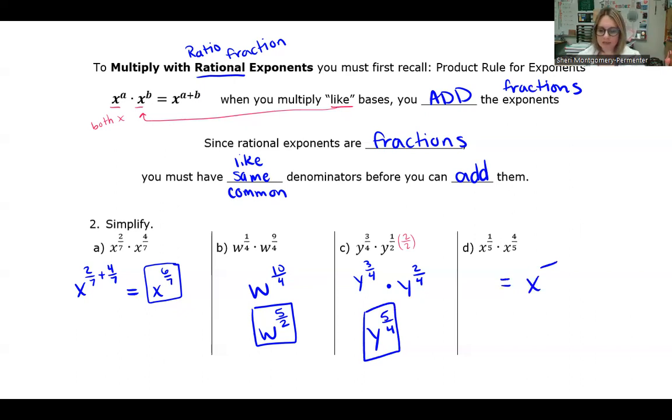These are super fast. For D, there is a common denominator. It is 5. So my answer is going to have denominator of 5. And then all I do is add the top. So 1 and 4 makes 5. Okay. What's anything over itself? Very good. What's anything to the first power?